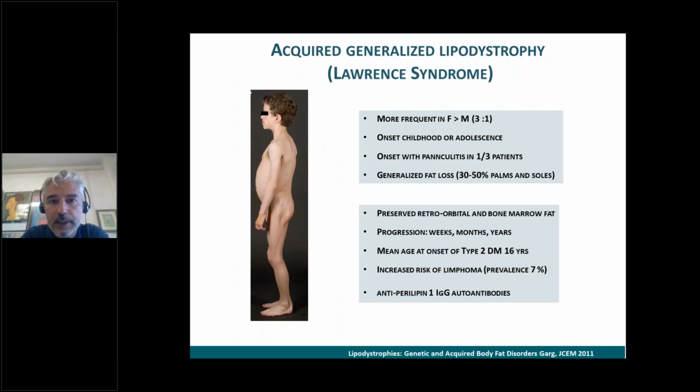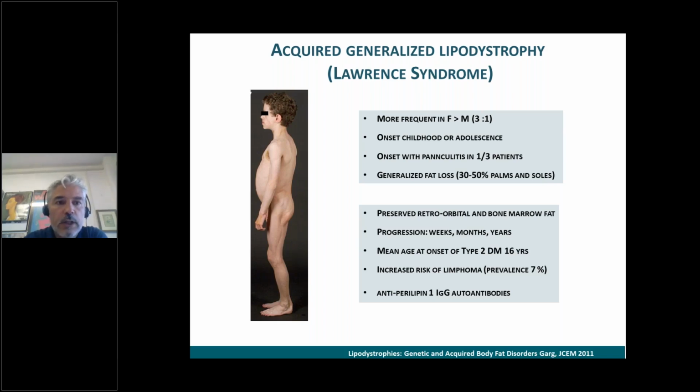Acquired generalized lipodystrophy is also known by the name of the first physician who described the disease, Dr. Lawrence. Lawrence disease is more frequent in females. The onset of the disease can be with panniculitis, and the fat loss is generalized, but preserving retroorbital and bone marrow fat.